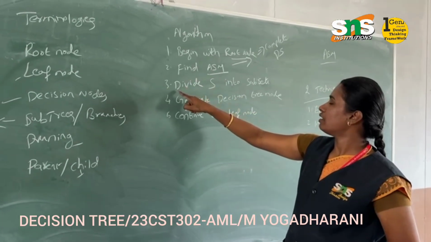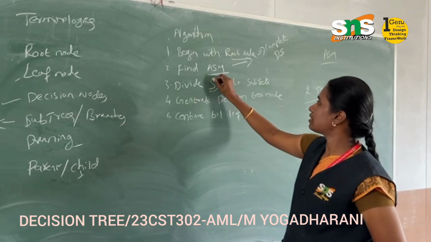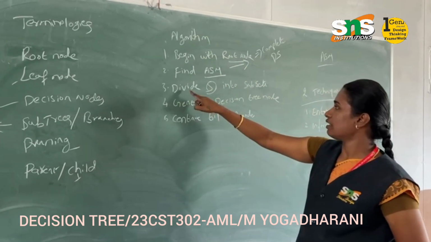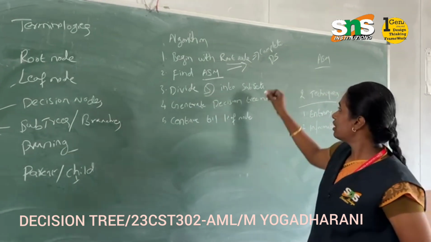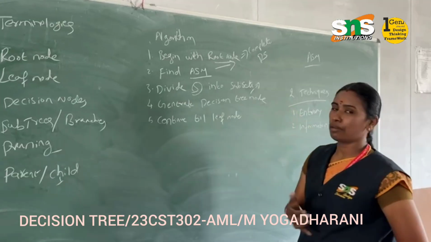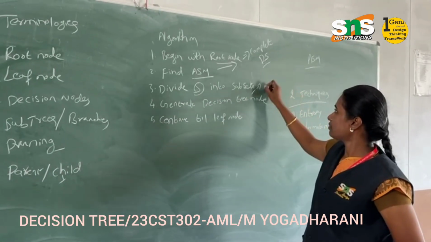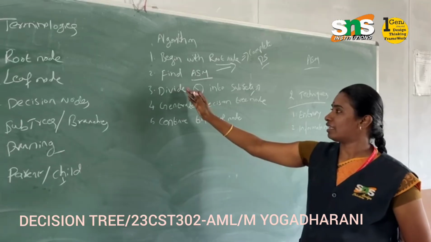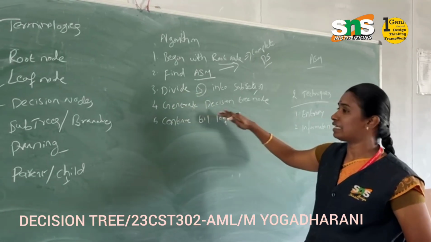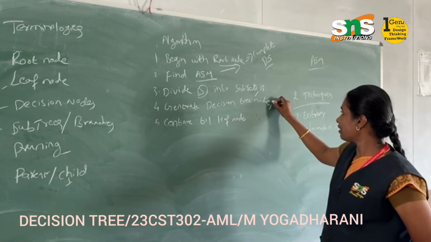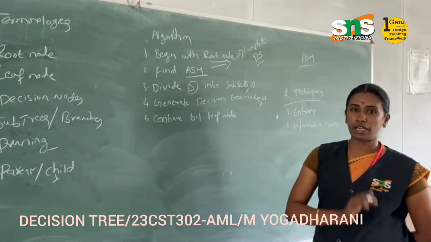Then divide S, which is in the root node, into subsets. Here, the subsets contain the possible values which are available in our data set. And then the next step is to generate the decision tree node, which contains the best attribute.